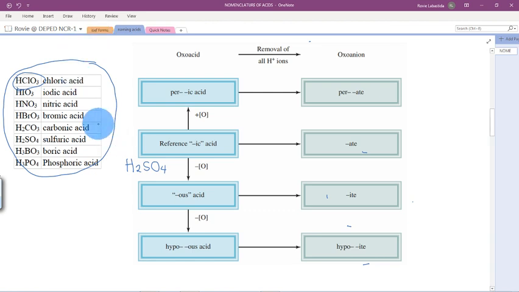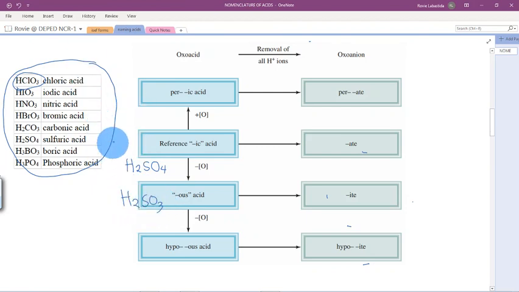H2SO4. If I remove one oxygen from this formula, it will become H2SO3. So from sulfuric acid, it will become sulfurous acid.